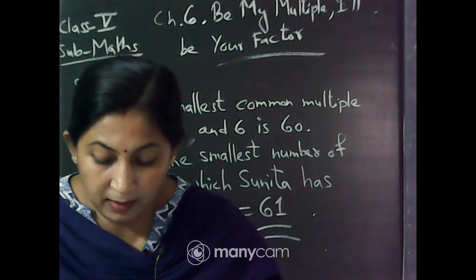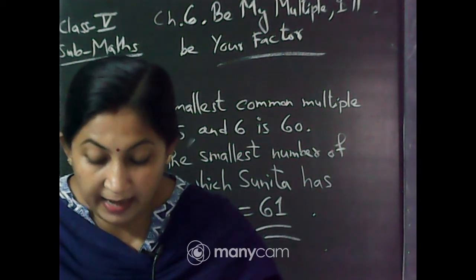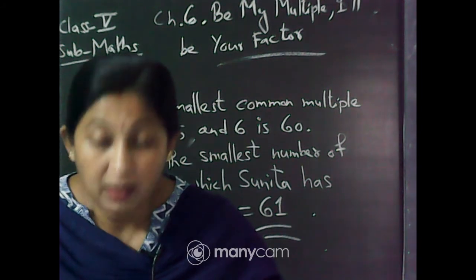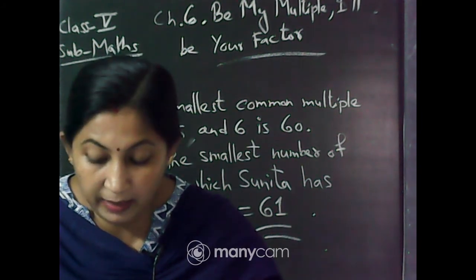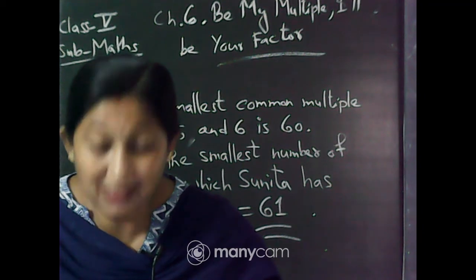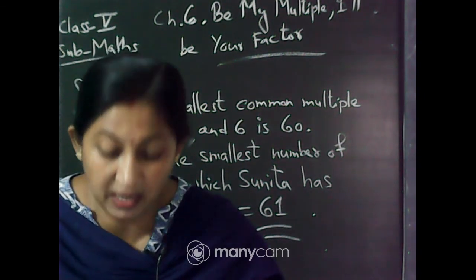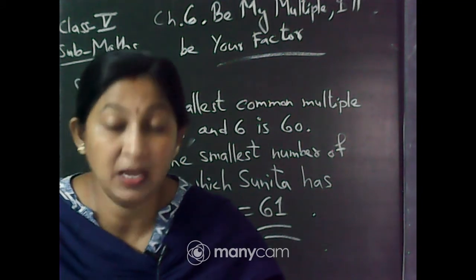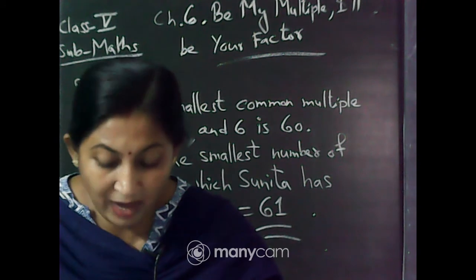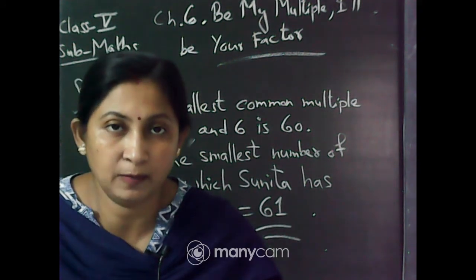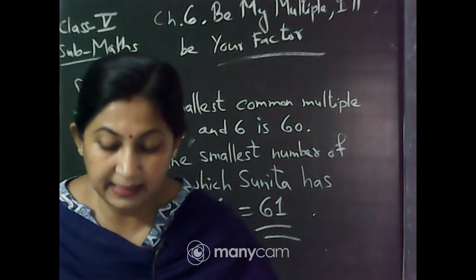Try to make more rectangles like this using 12 tamarind seeds. Now look at the picture. There is one girl named Amini. She is assembling the tamarind seeds. She has 12 tamarind seeds, and with these she is trying to make a rectangle. You have to tell how many different rectangles you can make.